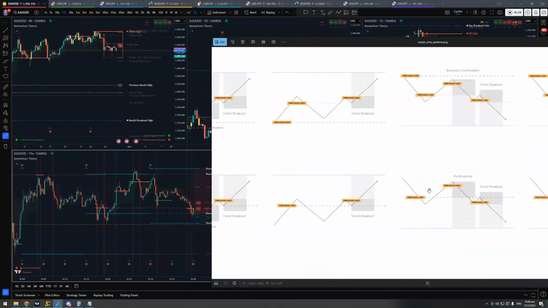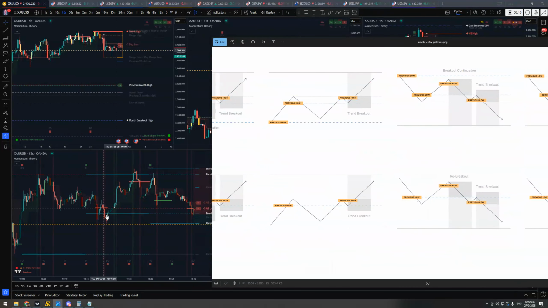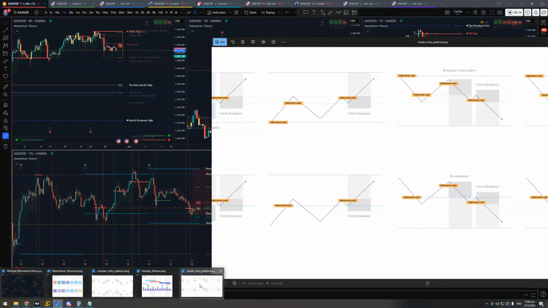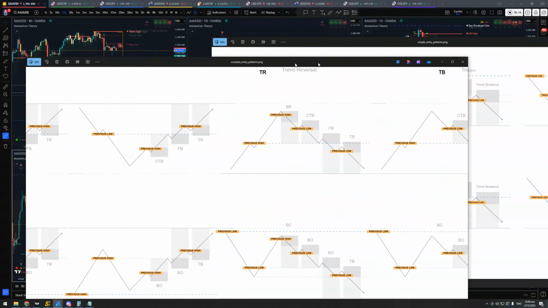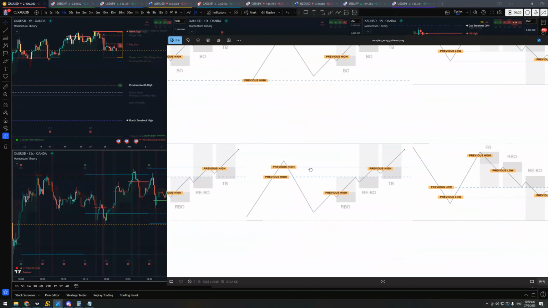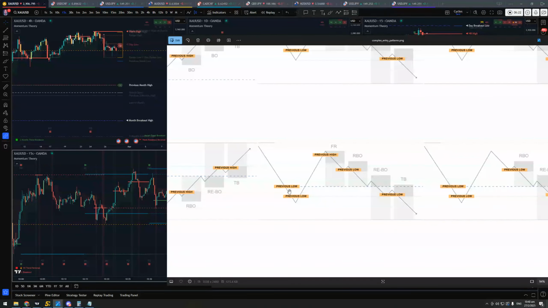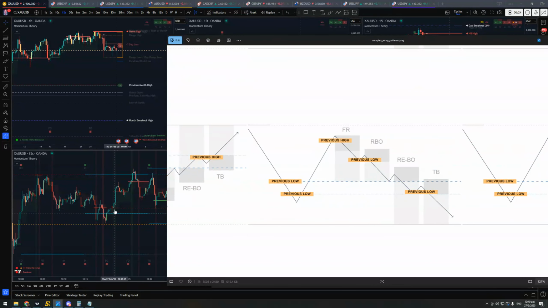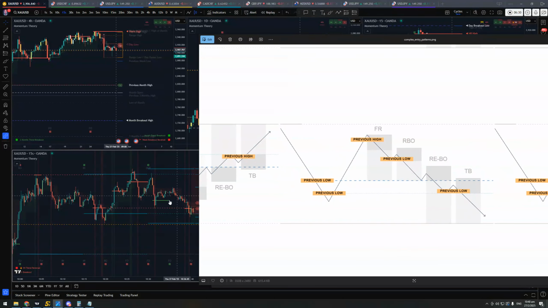Price broke out down below, came back above. Actually, this is a complex entry pattern. So price, bearish one, price broke out, came down, came back above at the high over here. That's a fake out retracement. That was my first position. And then getting below that breakout level is a re-breakout.